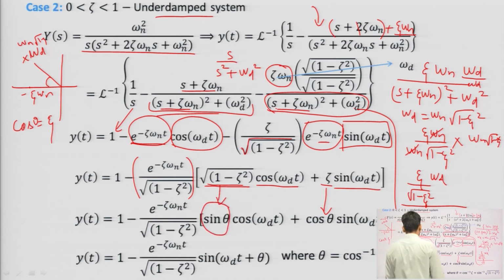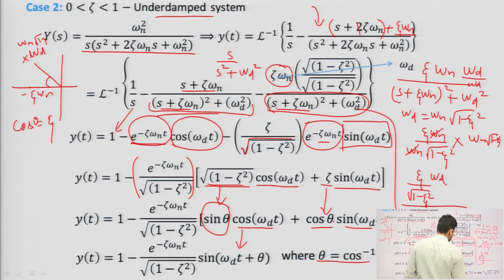Okay. So, this will become sin theta cos omega d t plus cos theta multiplied by sin omega d t. This will make a sine cosine function. If I solve it, this will become sin of omega d t plus theta. Okay. Where theta is basically cos inverse of this and sin inverse of this, whichever has this value in the cos term and this value in the sin term.